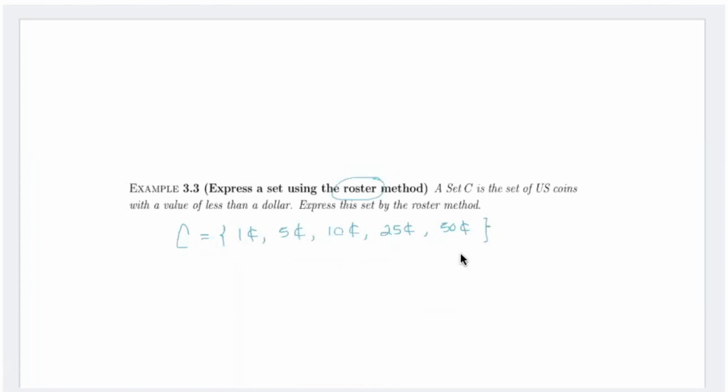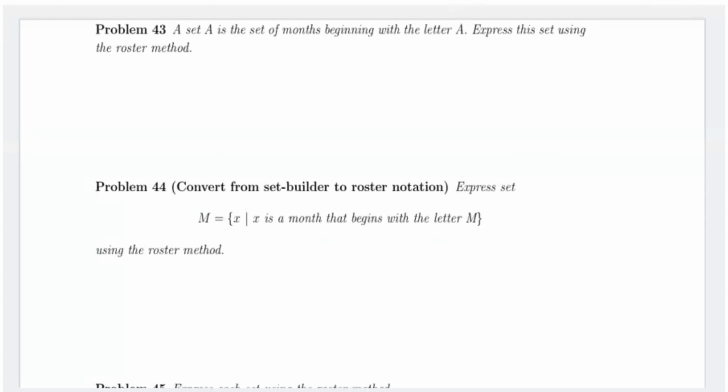No question? All right, I want you to turn to the next page, page 75. It has a few examples here. Look at 43 and 44 right now, and let's do it together. Make sure you understand how to describe in words, write that into the roster.